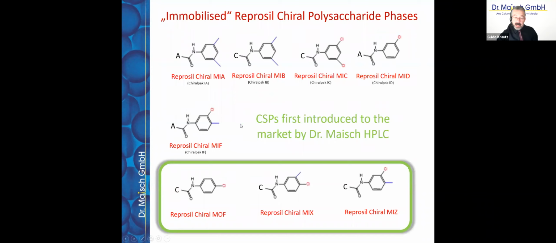And we are currently working on an IG. And Dr. Maisch has introduced to the market 3 phases which have not been previously available from other suppliers. They are called MOF, MIX, and MIZ. So the coated phases of these are available from other suppliers, but not the immobilized ones.